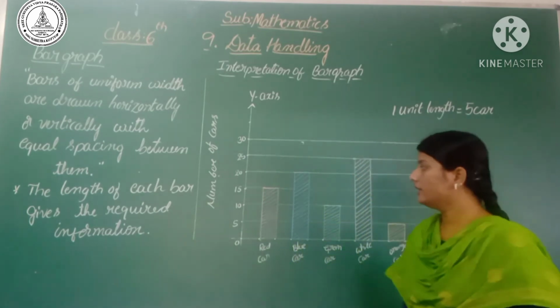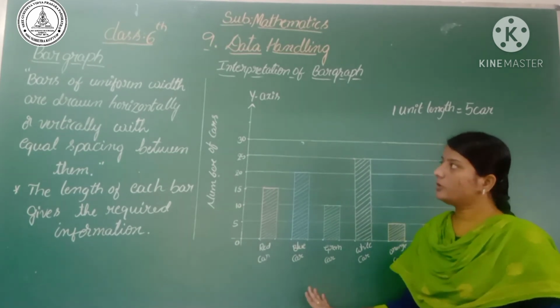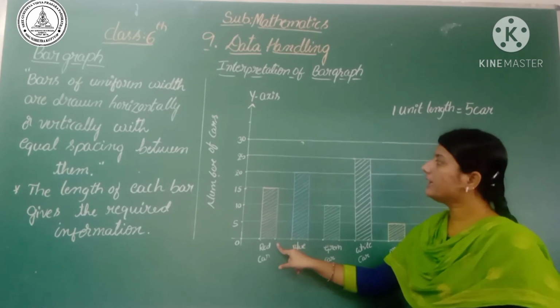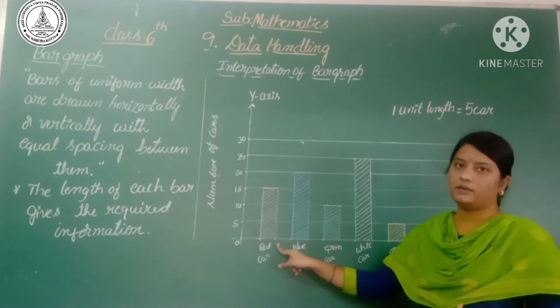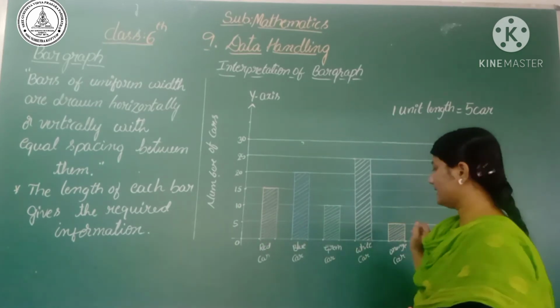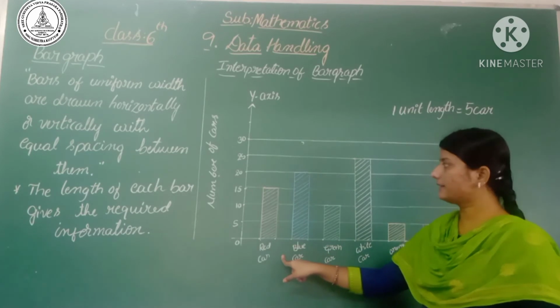As you can see here, it is an example of a bar graph. So here these are the bars. Here I have taken vertical bars, and these are the horizontals. So here I have taken the vertical bar graph.